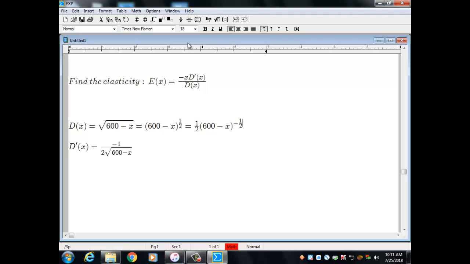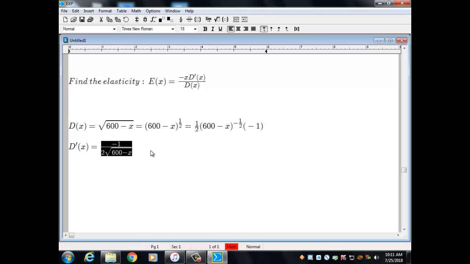Then you would do the derivative of the inside, which is -1, because the derivative of 600 minus x is -1. That puts this piece on the bottom, and you get -1 on top and 2 square root of 600 minus x on the bottom. Now, once you have that, it's just a matter of plugging it in.